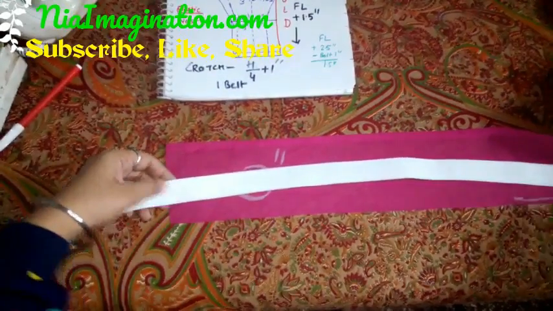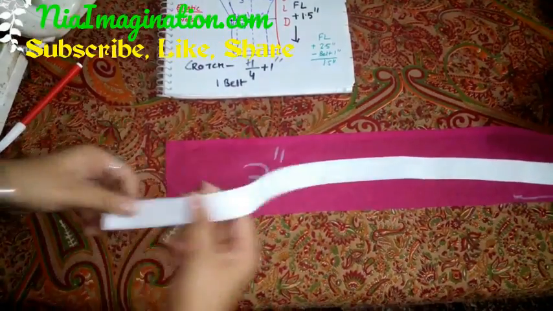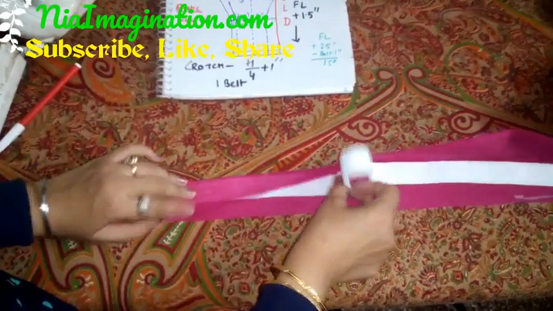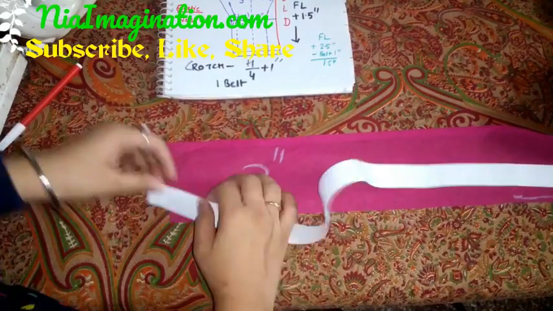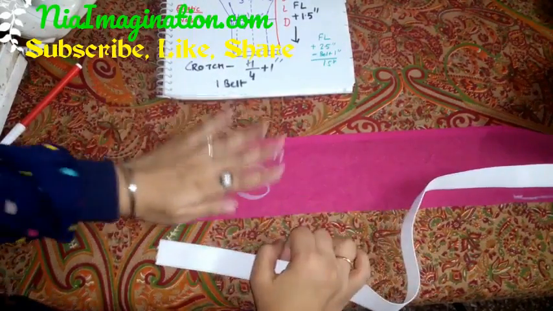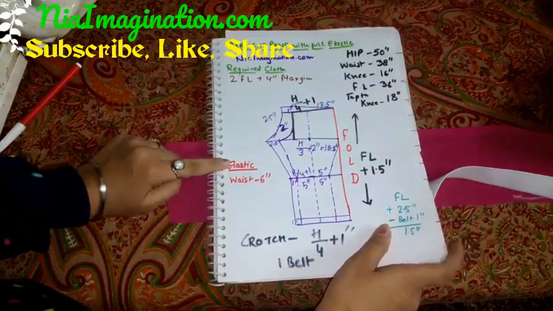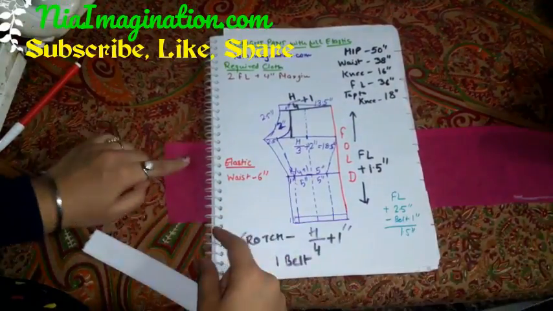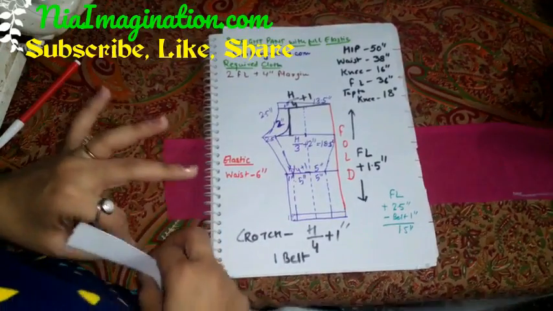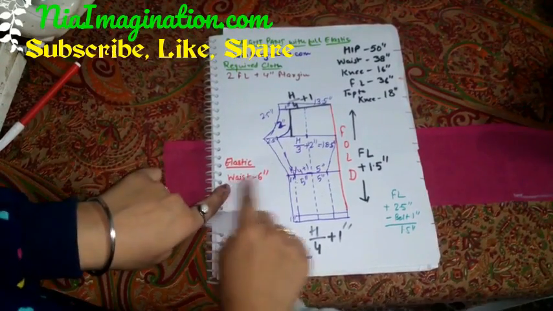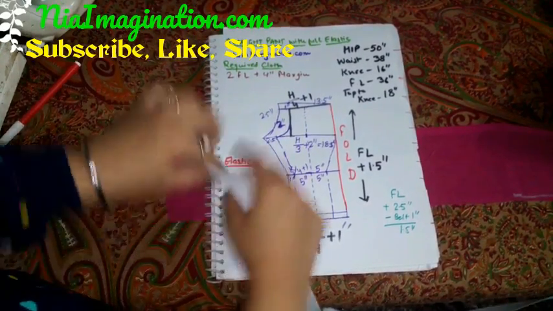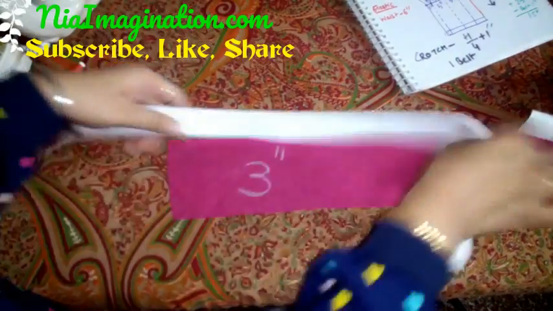This is 1 inch elastic. So for the elastic you will take it like so, you will turn it so that your belt will be ready. That is why I took 3 inches like so. And how much elastic is required? The elastic must be your waist measurement where you are going to wear this pant, minus 6 inches.